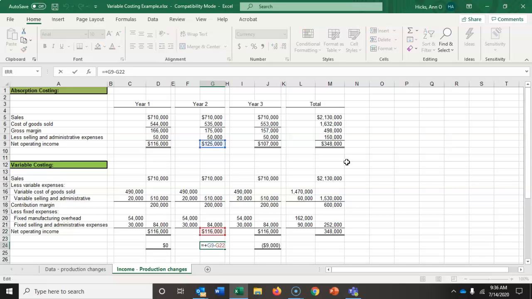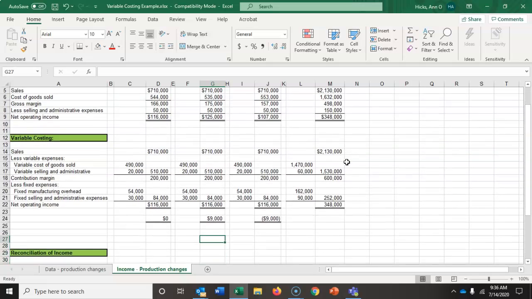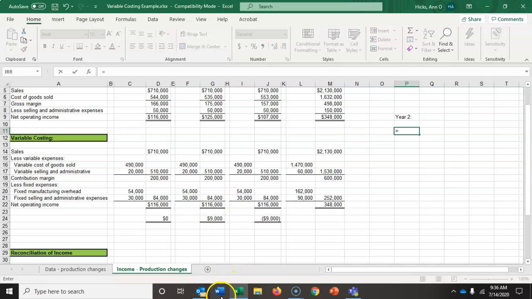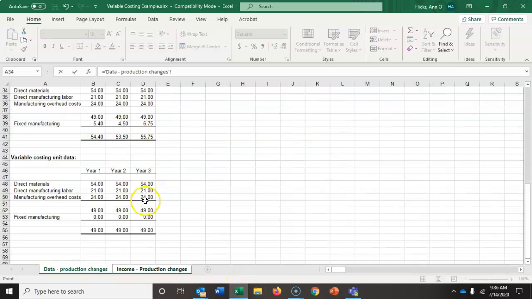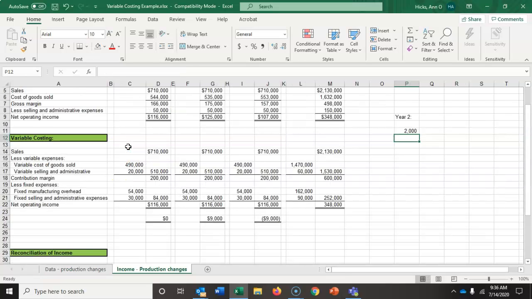If you look, the difference between absorption costing and variable costing is $9,000, 125 minus 116. Let's think about it. How many units are sitting in ending inventory? Year two, ending inventory has 2,000 units, correct? We've got 2,000 units.